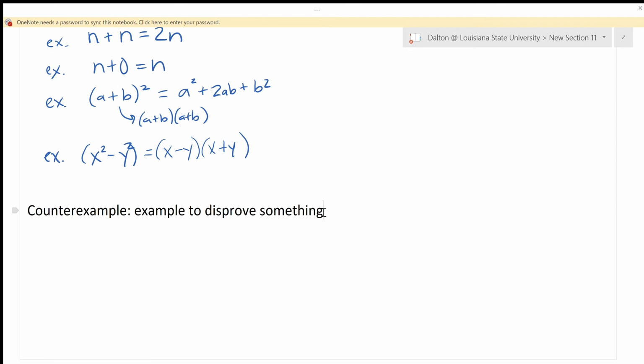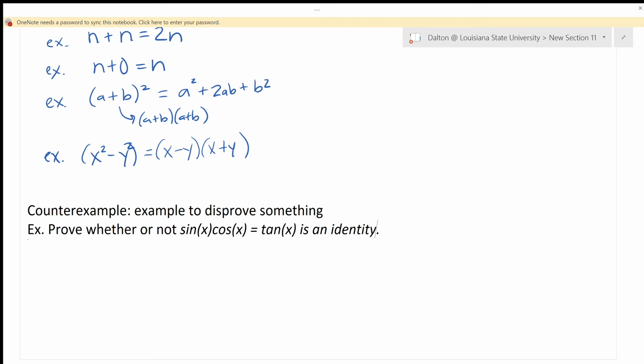Okay, so let's do an example. I want you to suppose, let's say, prove whether or not sine of x times the cosine of x is equal to the tangent of x is an identity.